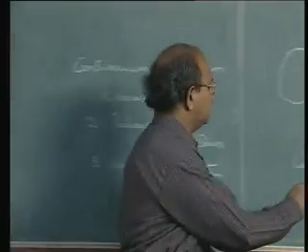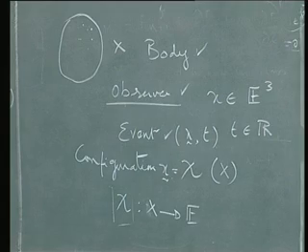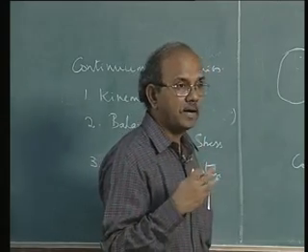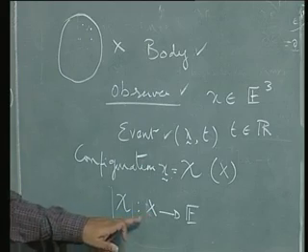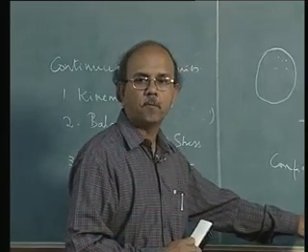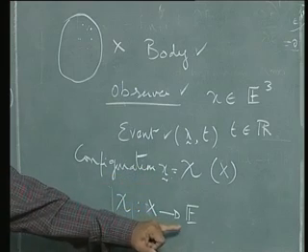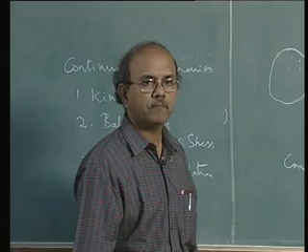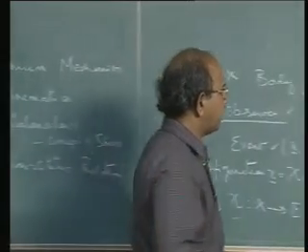So configuration is a mapping. Understand that very clearly. Configuration is a mapping. In other words, what does it mean? It means that it maps a given position of a point to a vector which is a member of the Euclidean space. Now, the mapping is not unique.